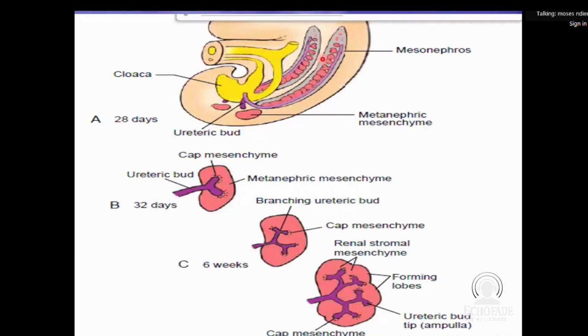That posterior diverticulum, a single diverticulum on either side, extends towards the condensed or induced mesenchyme cells within the nephrotome.